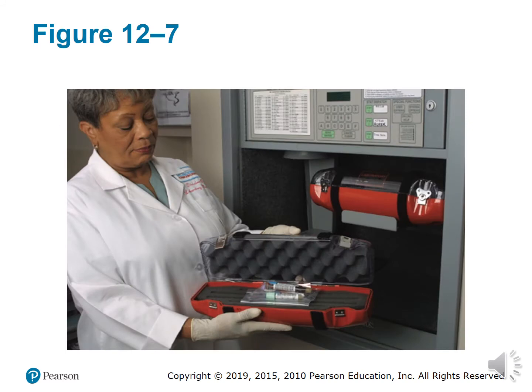You see here another healthcare worker placing collection tubes in a carrier to be transported. That's the pneumatic tube system that they're using right there. The pneumatic tube system is similar to the tubing that they use at a bank.